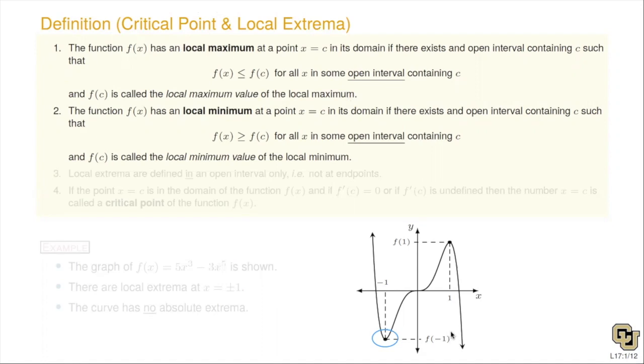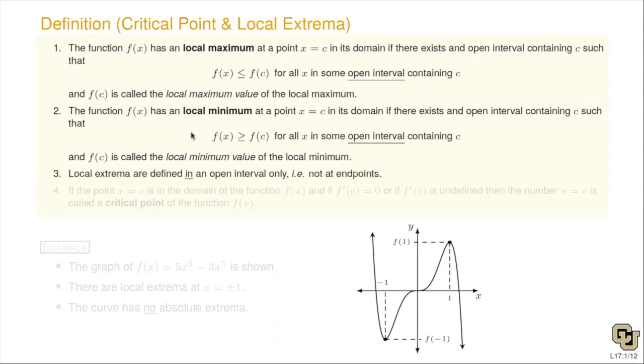Here, this graph does not have a lowest point. As you can see, the graph goes to -infinity. So there is no absolute min for this graph. All that's important though, is if we look at a very small interval around -1, that f of -1 be less than all those points around it. And so here we have that. So here, this would be what we call a local minimum.